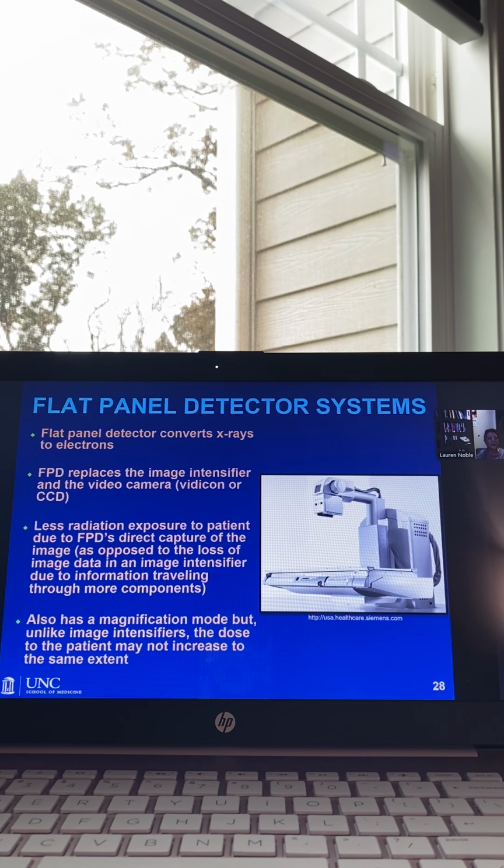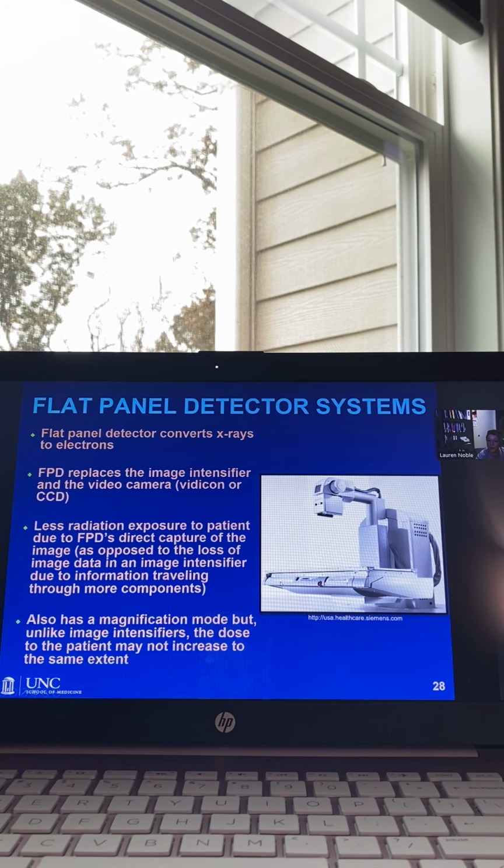And then also the video camera, there's no need for the video camera. And there's also not a need then, of course, for the coupling system, the lenses or fiber optics that couple the image intensifier to the video camera. So in essence, you're getting rid of three components: image intensifier, the lenses or fiber optics, and then the video camera. So the device, when you look at it, it's a lot more streamlined.